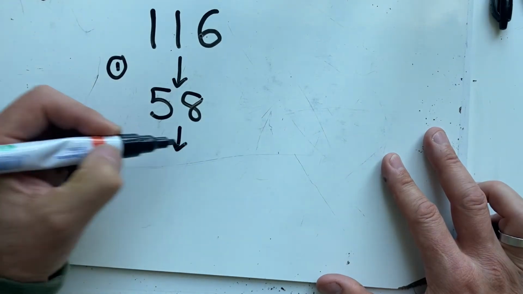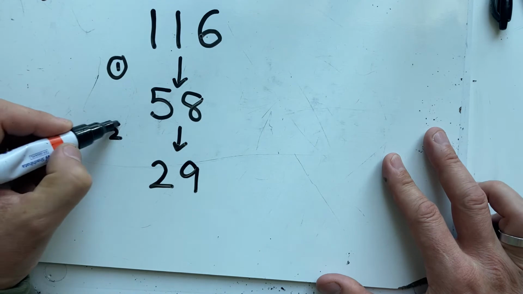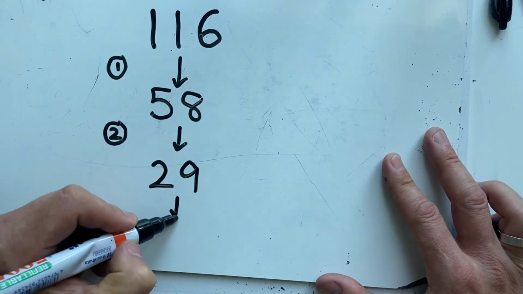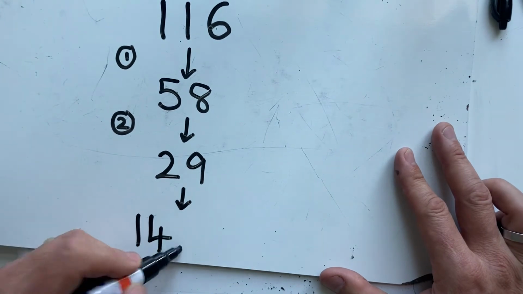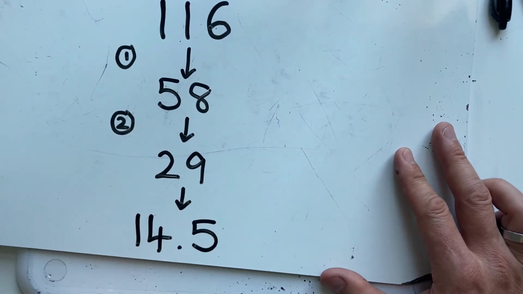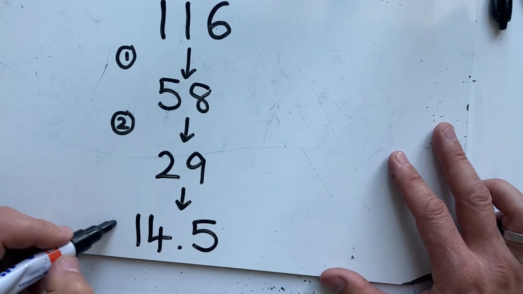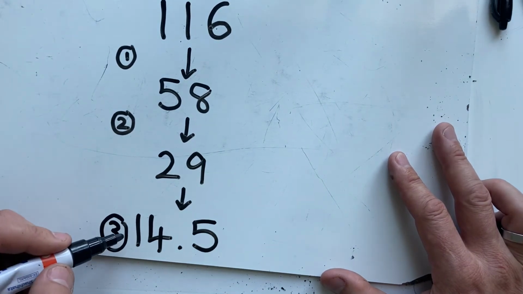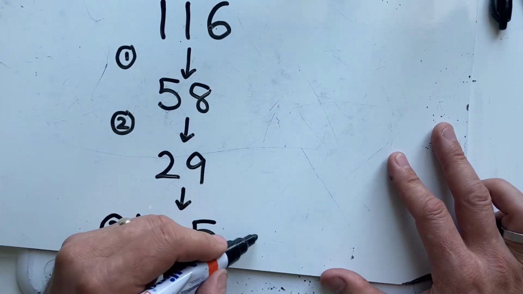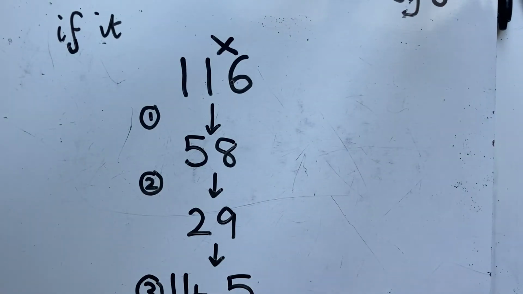Let's halve it again. That gives me 29. Can I halve that again? Well, I can halve it again, but it gives me a number with a tenths value. So this isn't a whole number. So the third time I halve it, it gives me a number which is not a whole number. So this number here is not divisible by 8.